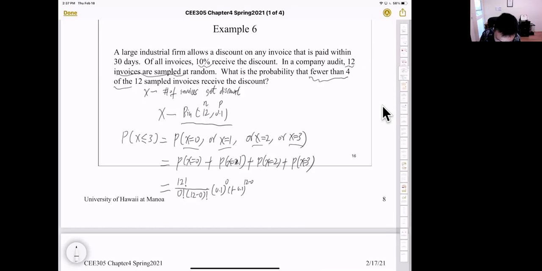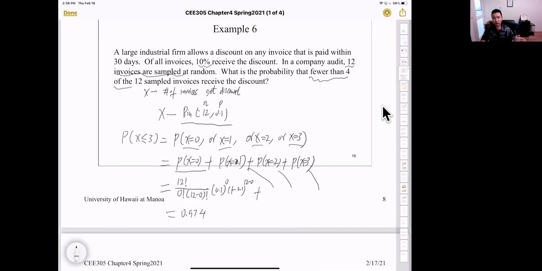So this is P(X = 0). Similarly, you can do P(X = 1), P(X = 2), P(X = 3). It turned out to be about 0.97, that means there is a 97% chance that the number of invoices getting a discount is less than 4. That's the probability.